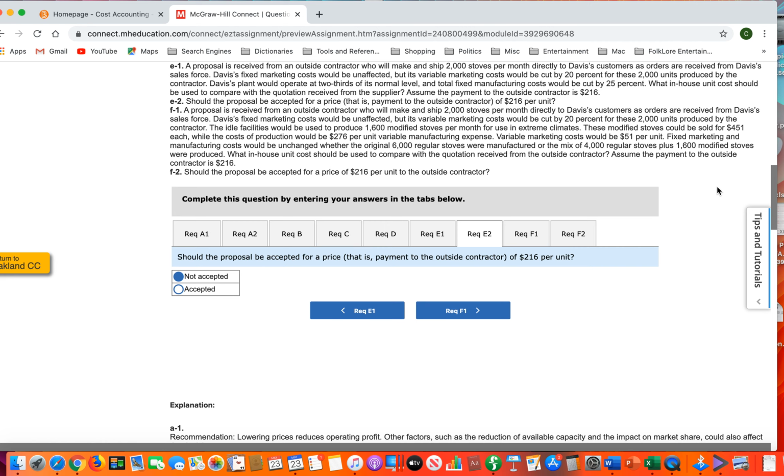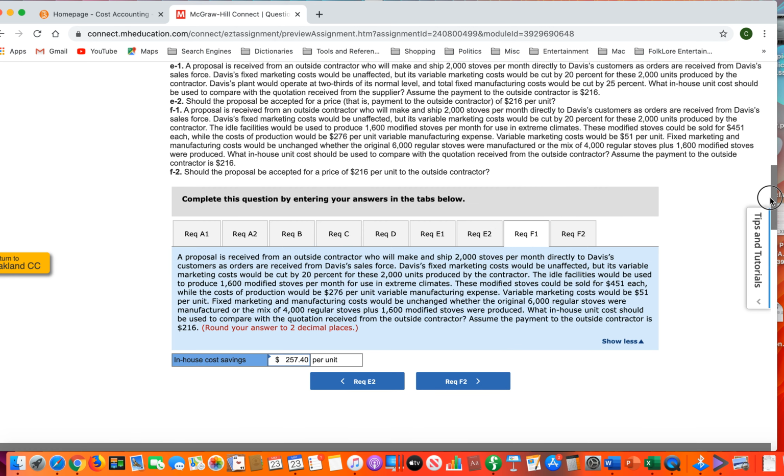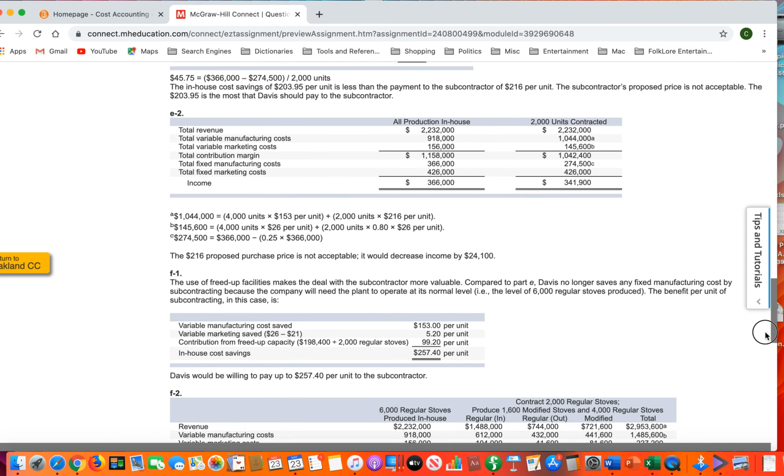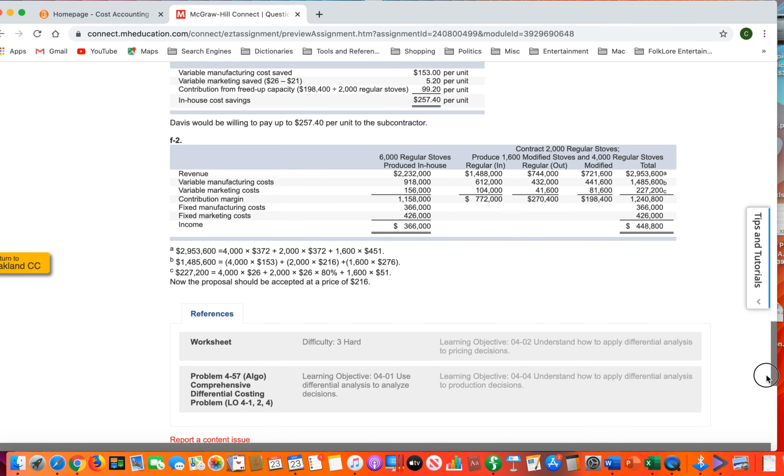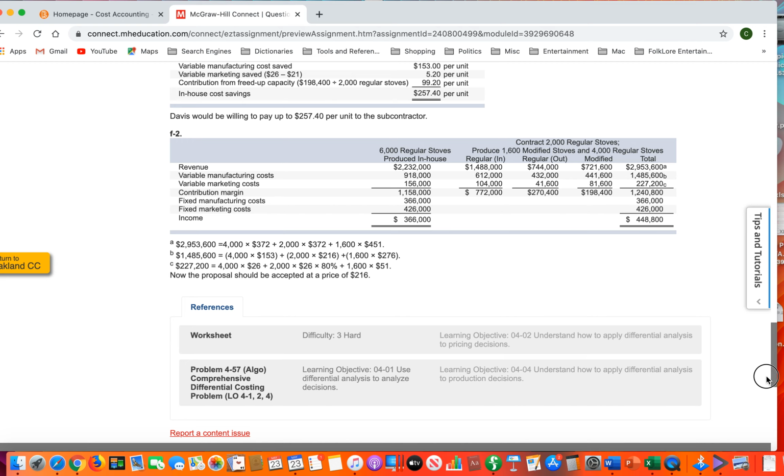And compare that with the savings, or compare that with the payment to the outsider. And so, well, folks, again, we come up with the same answers.